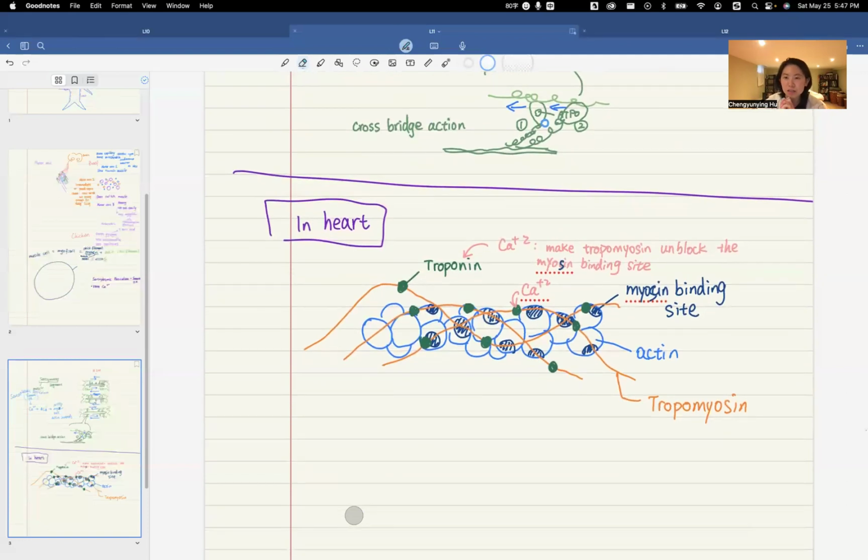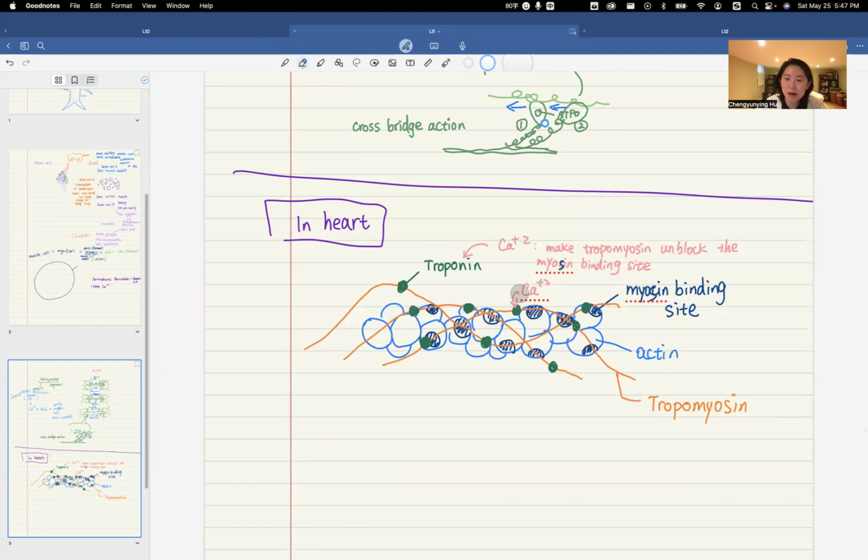And in the heart, it's a bit different. We have these lines covering the binding site that we want for muscle contraction. If we want to perform contraction in the heart, we need an action that removes this line. This line is called tropomyosin. How do we remove it?